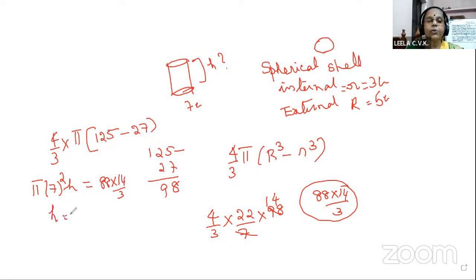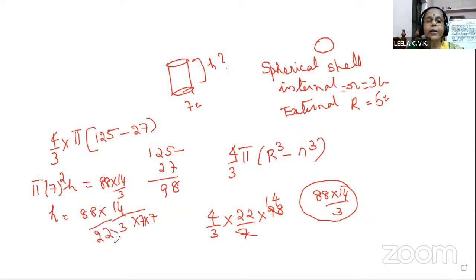So what we will do is 88 into 14/3. This 7 square will come down, 7 into 7. And for this pi, pi is coming down, so 22/7.